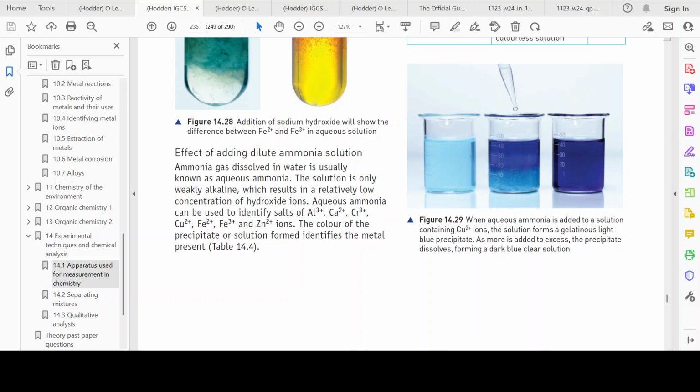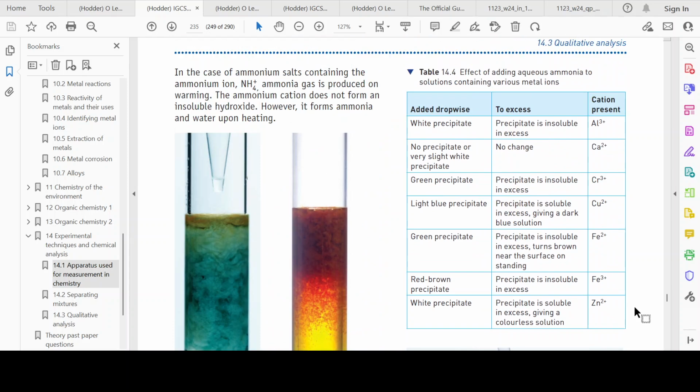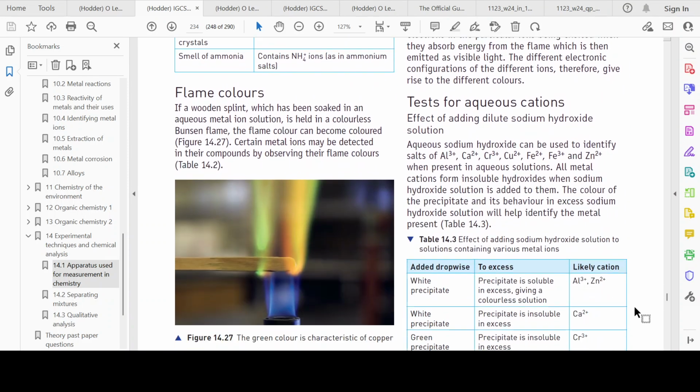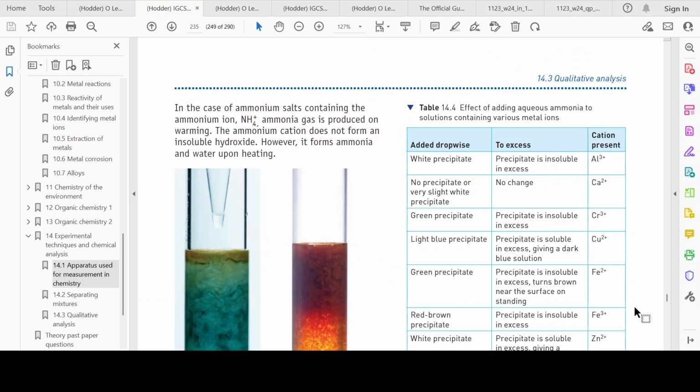Okay. Right, so the color of the precipitate and solution form identifies the metal present. So if it's white and insoluble in excess, you have aluminum, right? Whereas over here, if it was white and soluble in excess, it was possibly aluminum. So if initially you had something like that and it was soluble in excess sodium hydroxide, but it is insoluble in excess aqueous ammonia, you definitely have aluminum, right?